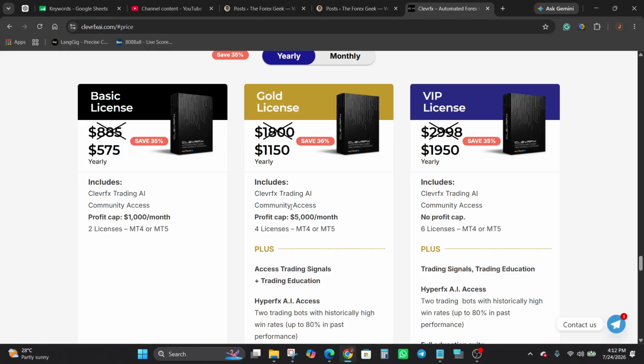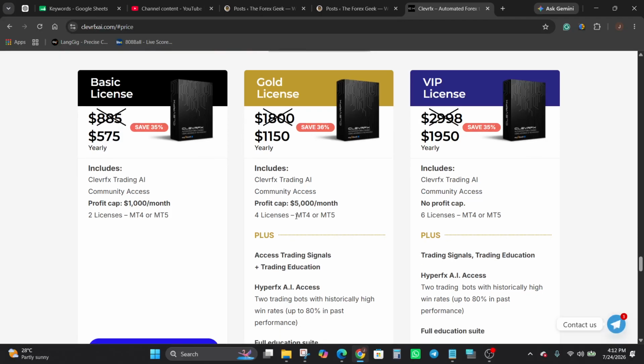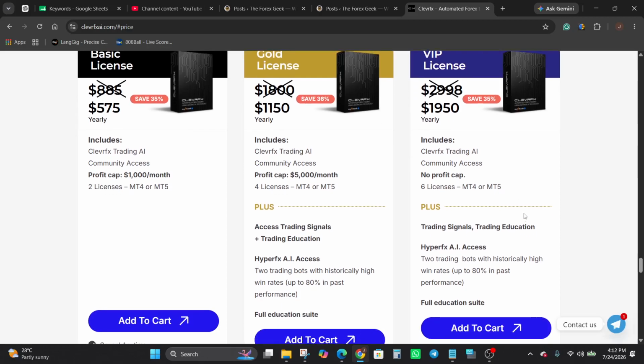The gold tier provides 4 MT4 and MT5 licenses with a $5,000 monthly profit cap, while the VIP tier offers 6 MT4 and MT5 licenses with no profit cap. Both gold and VIP packages also list inclusion for capital insurance and access to additional HyperFX AI trading bots.